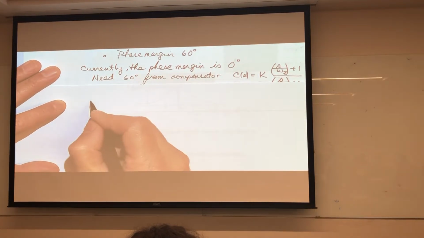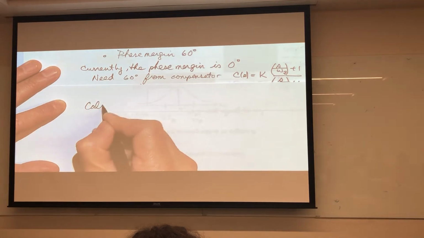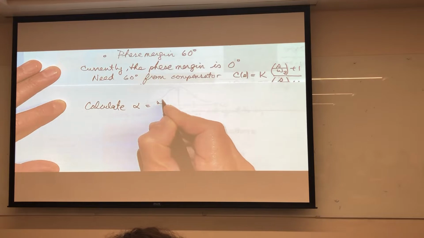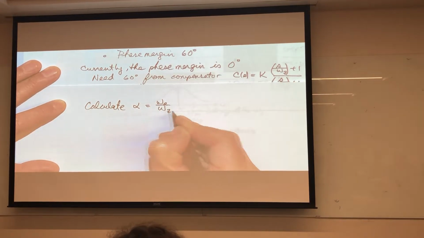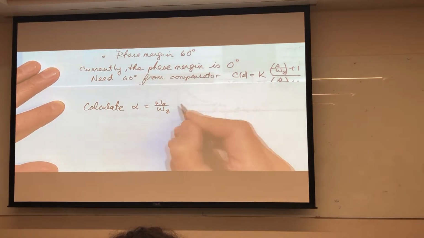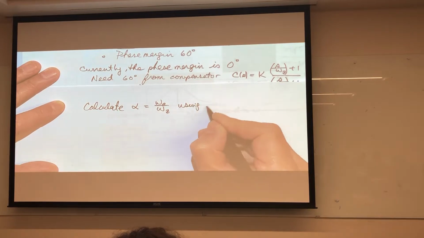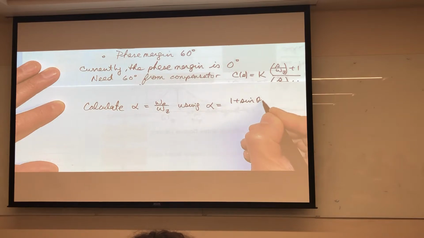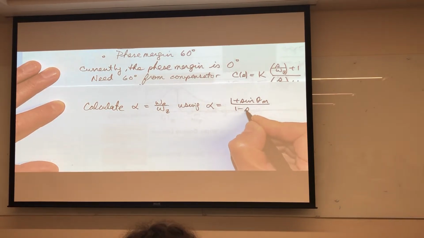Alpha is the ratio of the pole over the 0. How do we calculate that? We use the formula that alpha is equal to 1 plus sine theta m over 1 minus sine theta m.